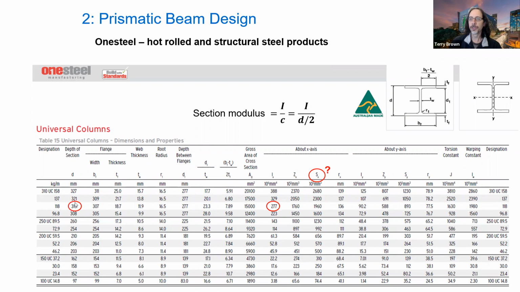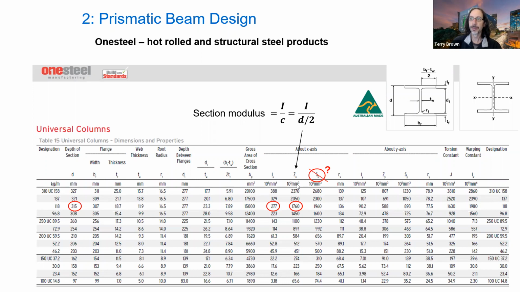If we choose a particular section, here I've just chosen this one, 315, moment of inertia is 277, d is 315. If we do this calculation, we find out that the section modulus is actually underneath the Z column.